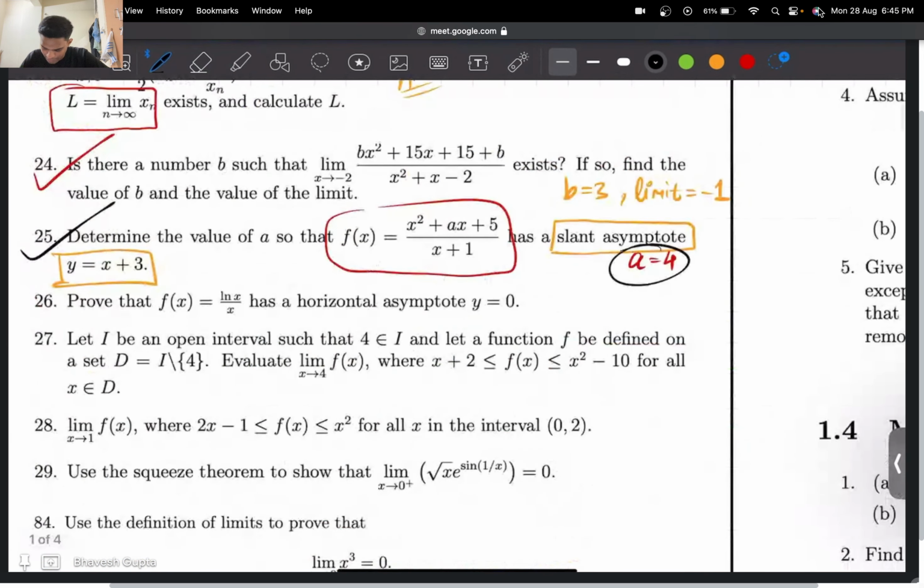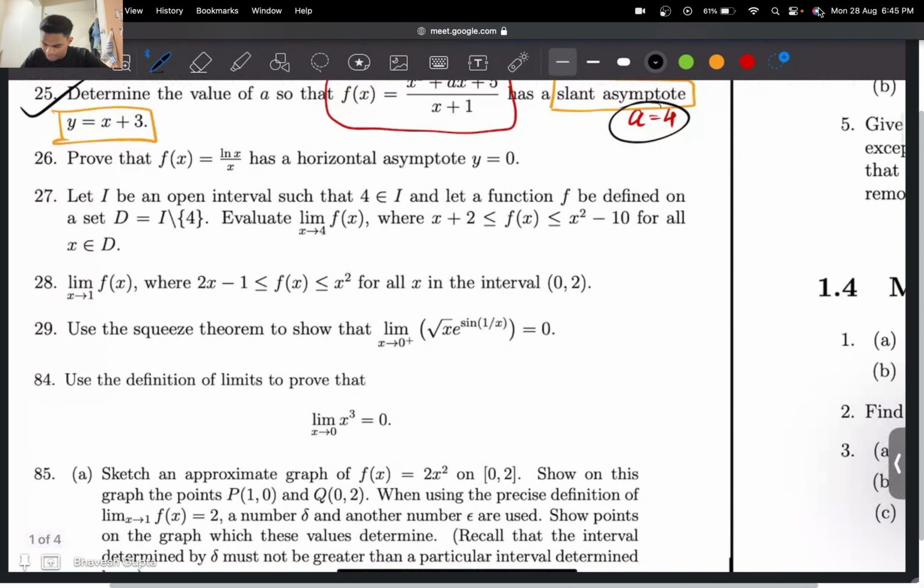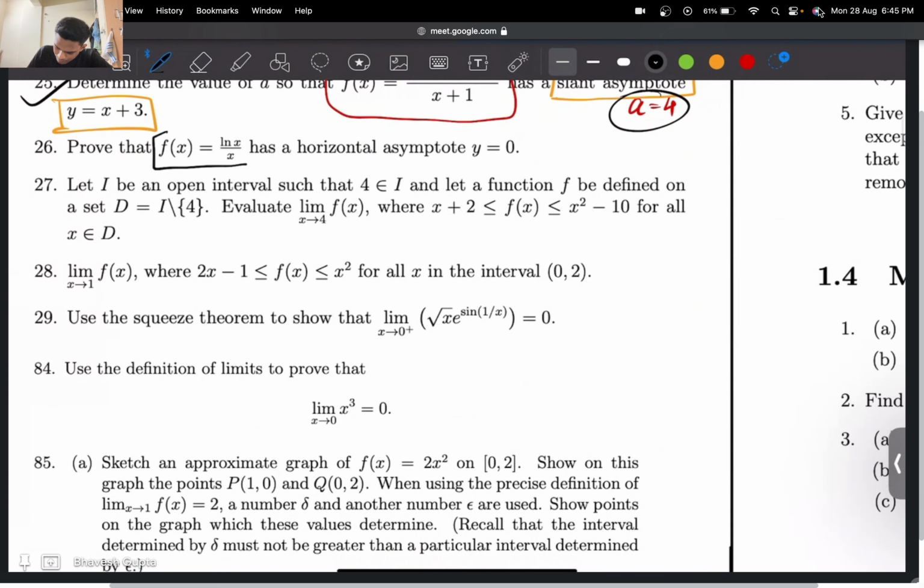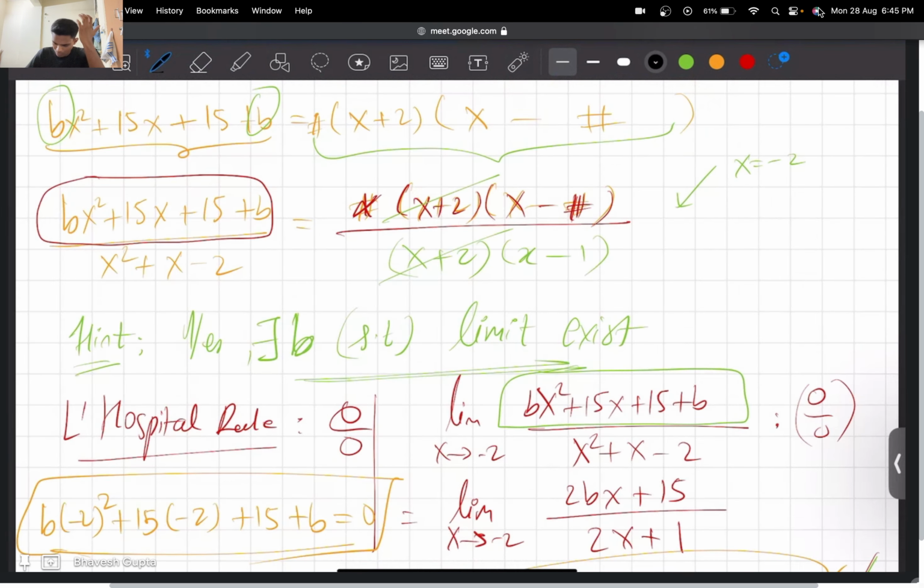So the next question is that you have to prove that the function has a horizontal asymptote, that is y equal to 0. That's what a horizontal asymptote is, right? Here they have given you the function, and they just want you to calculate that horizontal asymptote. Let me go to the new page.